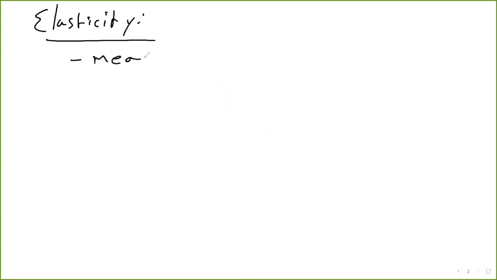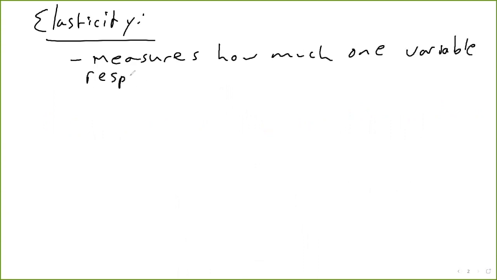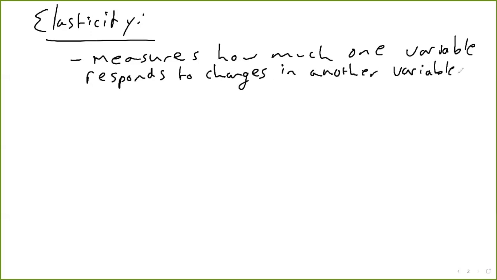So to answer that, we need to introduce this idea of elasticity. And the basic idea behind elasticity is it's a metric for measuring how much one variable responds to changes in another variable. So as this relates to our website example, we'd like to know how many fewer websites are going to be sold in response to an increase in price.